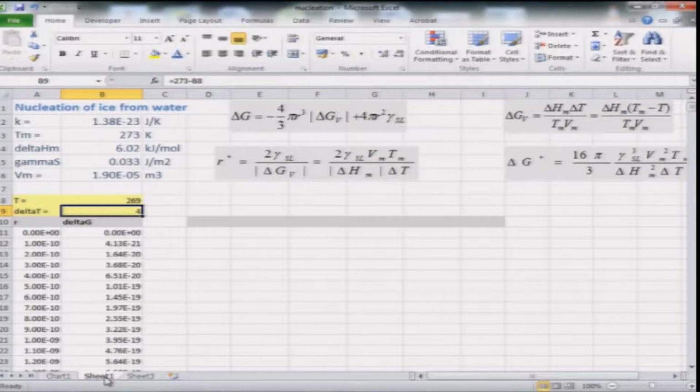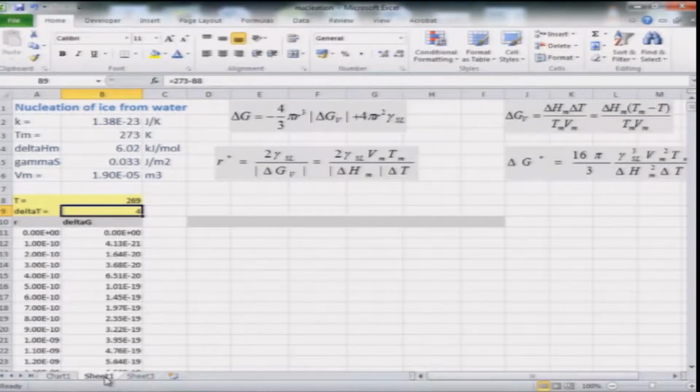Now, the next thing that we want to do after we have analyzed this is to find and draw pictorially or graphically how actually the R star is changing, how actually the delta G star is changing as I change the undercooling.